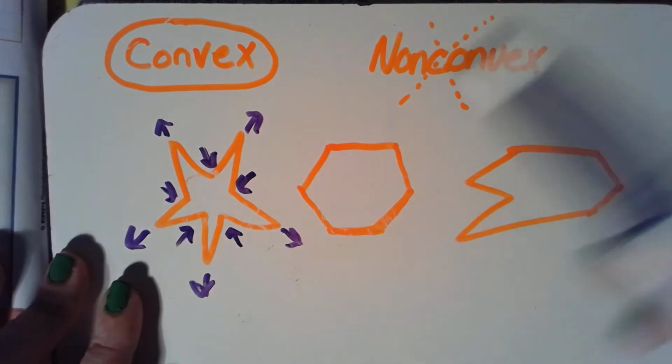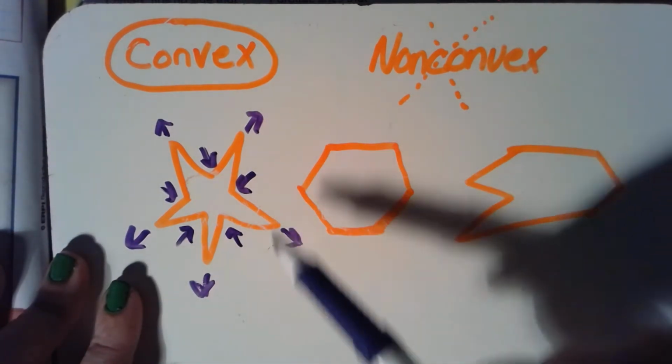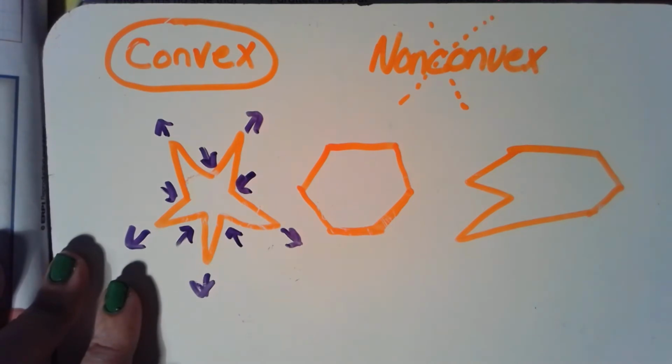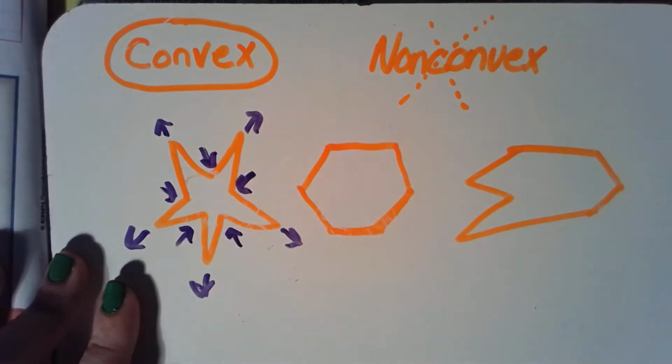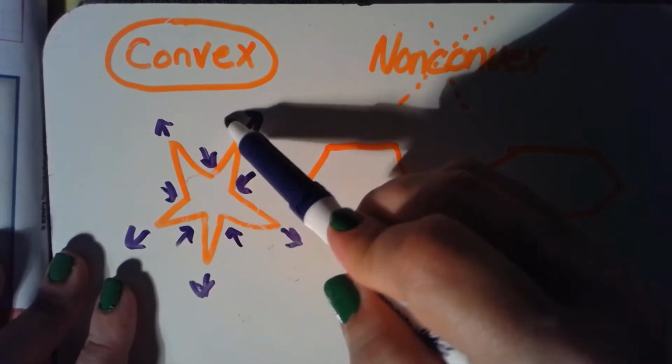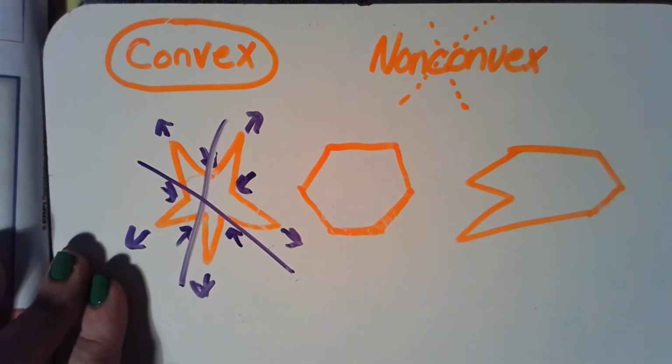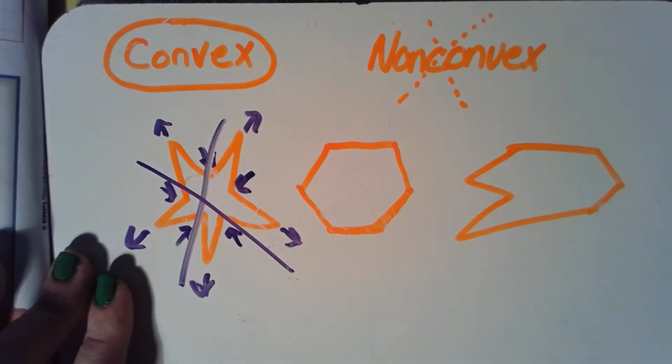So, is this shape, this figure here, is it convex? Should I circle it? Or is it non-convex? Should I put an X on it? Go ahead, you can say it. You're right, I put an X on it. It is non-convex or concave.